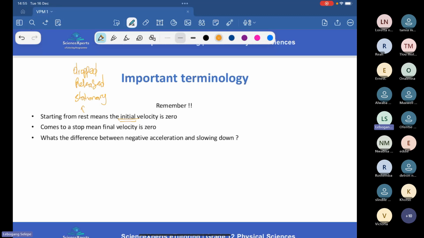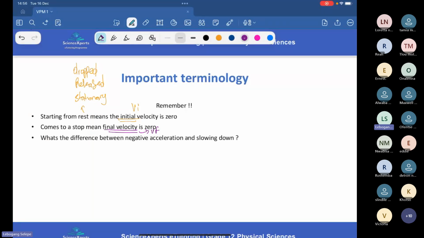Then when they tell you that an object comes to a stop or the object stops, they simply mean that the final velocity is 0. VF is 0. Remember, initial velocity is VI, then final velocity is VF, right? So if they tell you that an object comes to a stop, it means that the final velocity is 0.